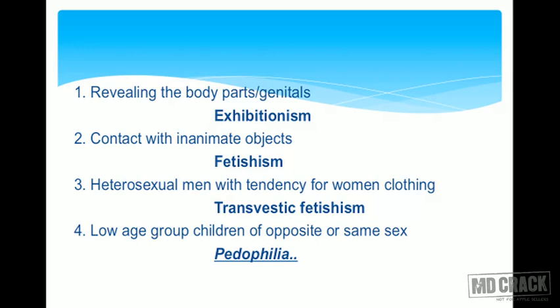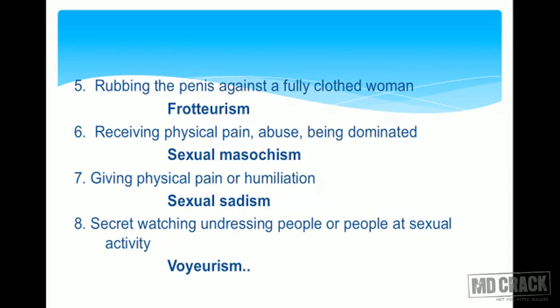Using children, or the opposite or same sex, in the low age group for sexual activity is obviously called pedophilia. Rubbing the penis against a fully clothed woman is called frotteurism. Receiving physical pain, abuse, or being dominated and feeling happy about being dominated is called sexual masochism.